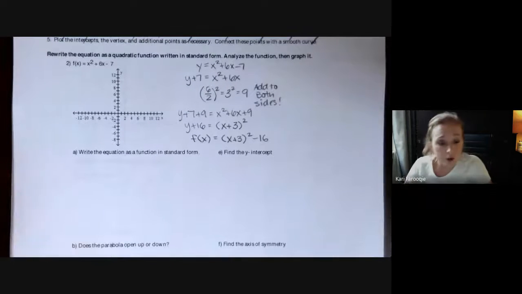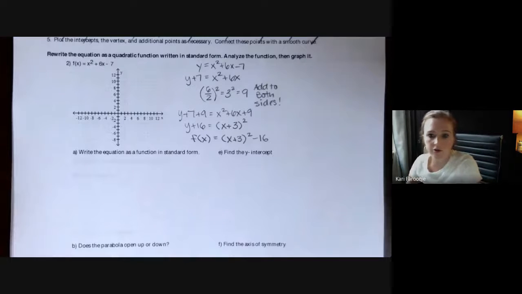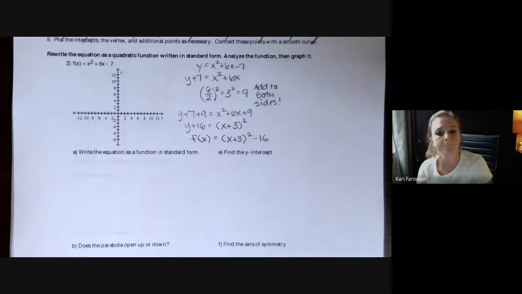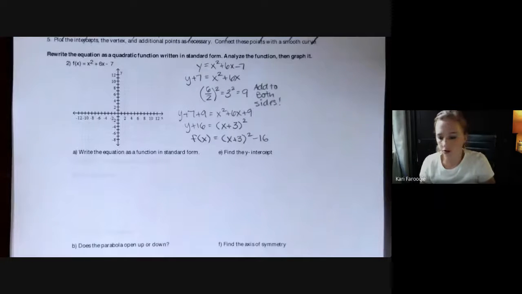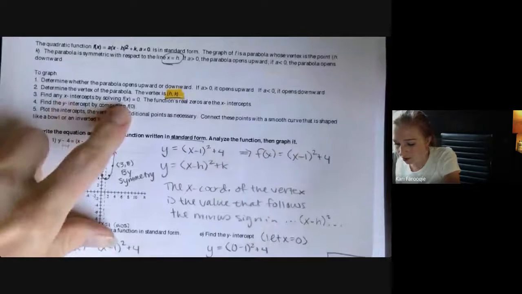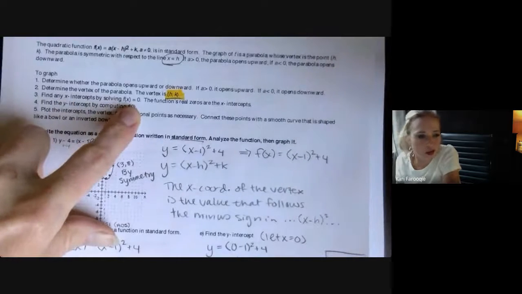Does anyone have a question about how we got this quadratic function into standard form? I have a question. Why did you change it back to f of x instead of keeping it at y? You don't have to. I just mostly did it as a formality in this case because a lot of your directions are, like, solve f of x equals 0.